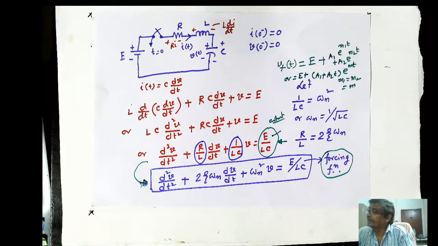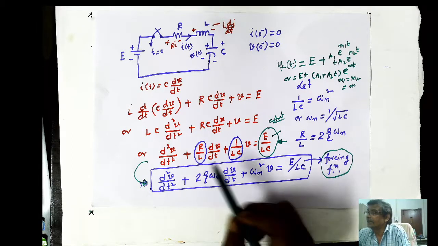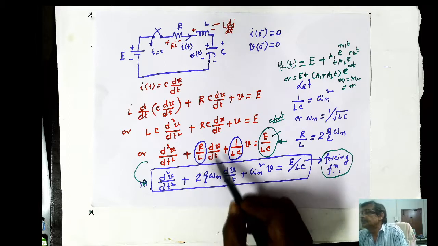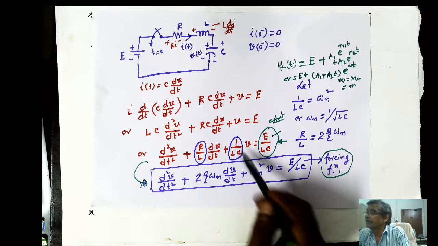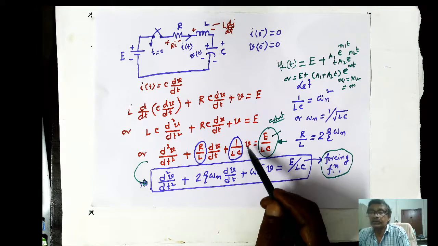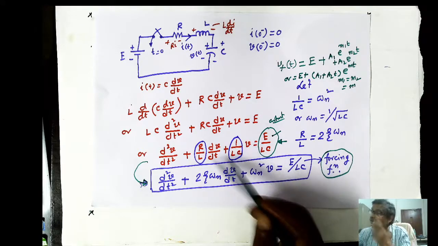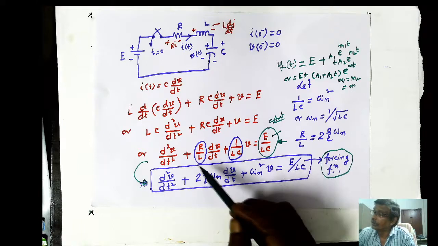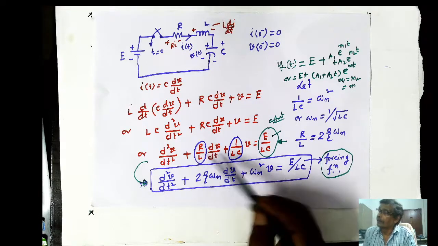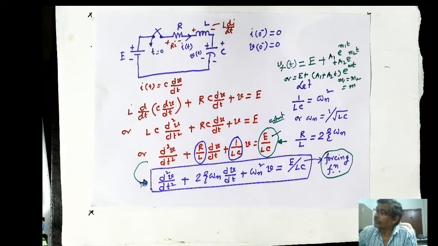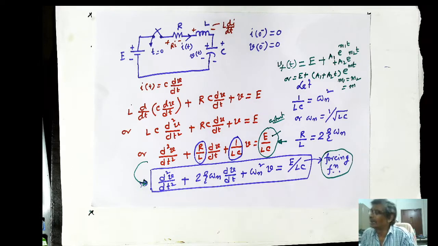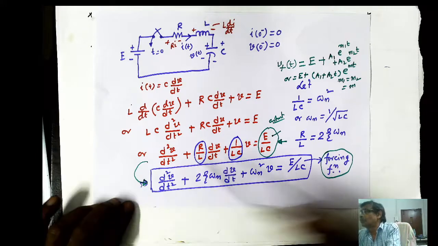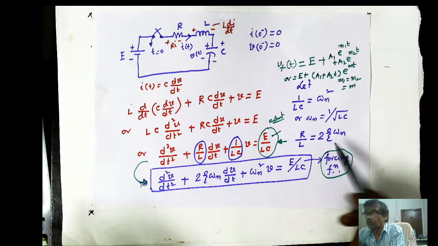See, this R by L is the coefficient of dV/dt and 1 by LC is another coefficient of V. These two are constant numbers, and two coefficients are there, therefore I will translate these coefficients in terms of some two other unknown quantities.